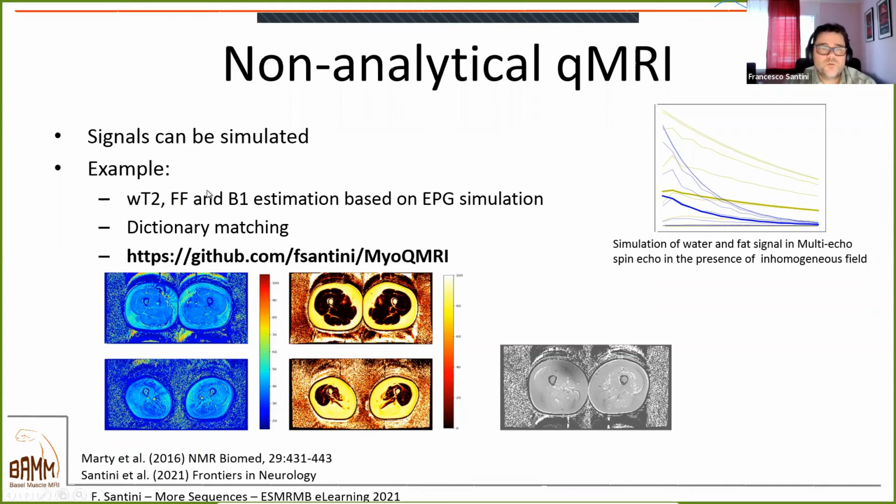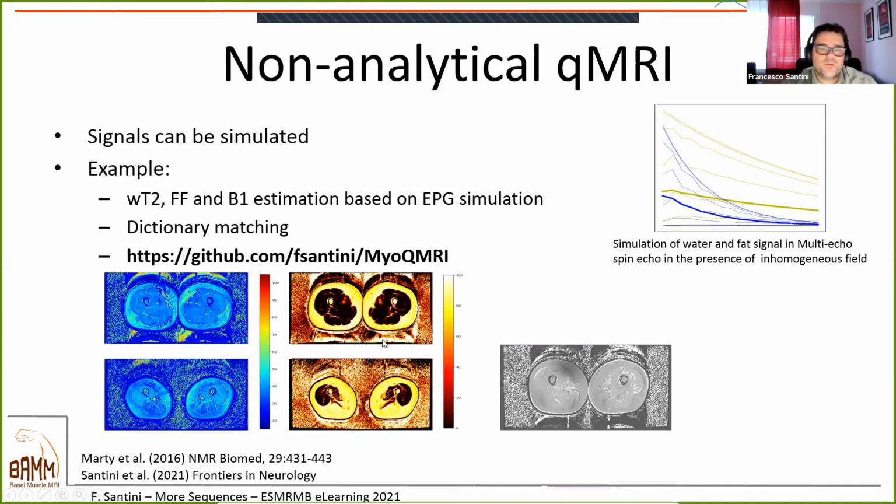So what you do is you put all the parameters that you know of your sequence. So you know that it's, for example, a spin echo sequence with multiple echo times, and this echo spacing and this slice profile and so on. And you can simulate all the possible signals that this sequence can produce based on a combination of unknown parameters.